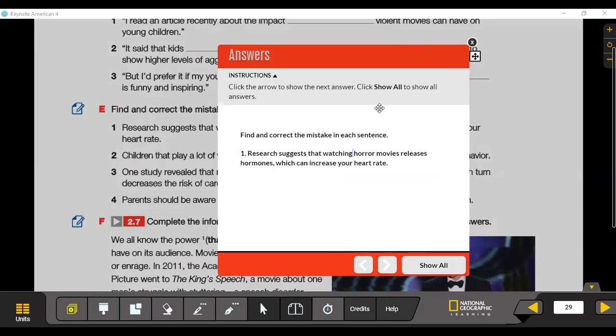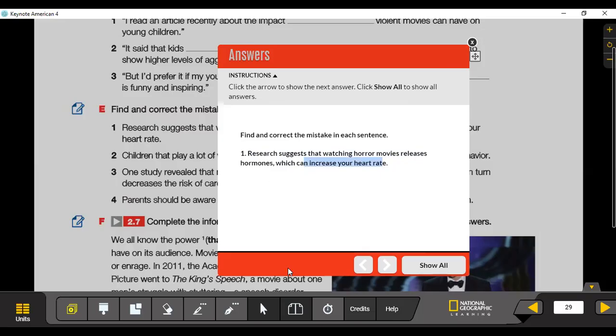So for this one in specific, the correct sentence would be: research suggests that watching horror movies releases hormones that can increase your heart rate.